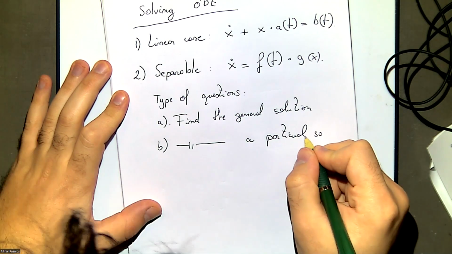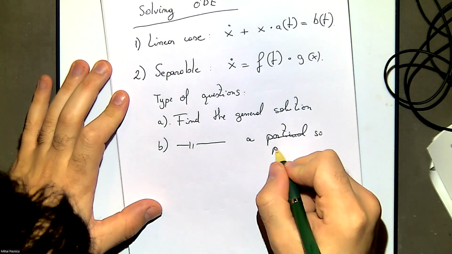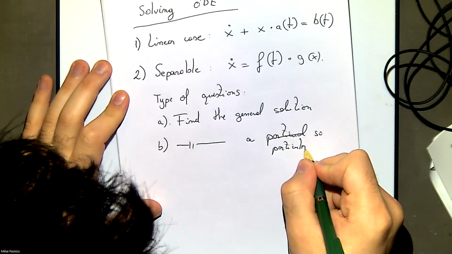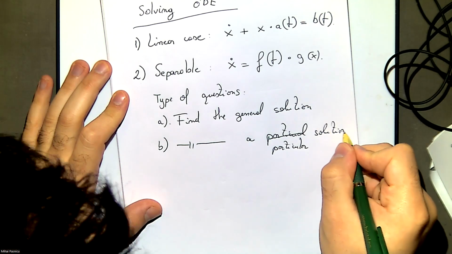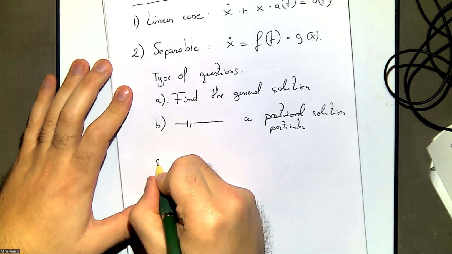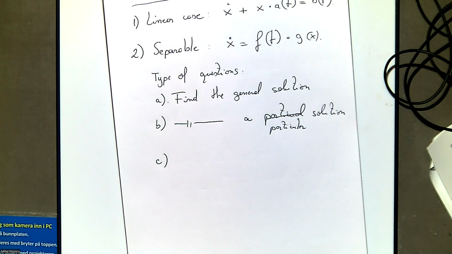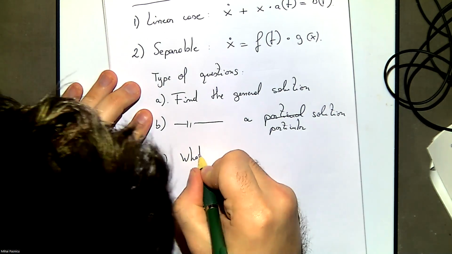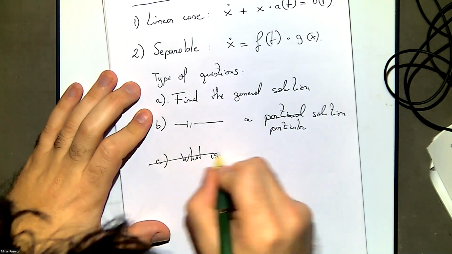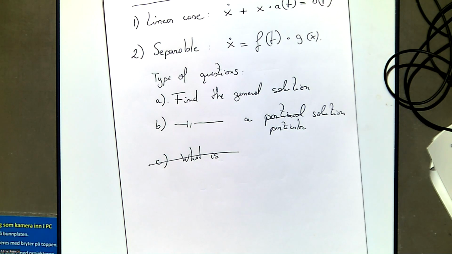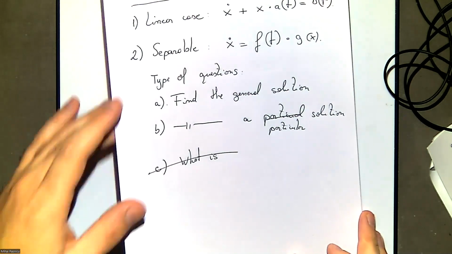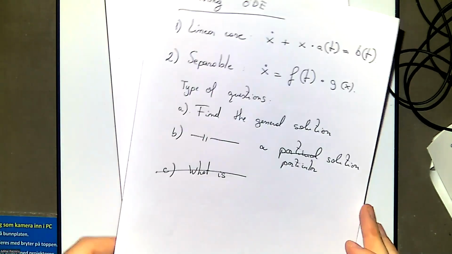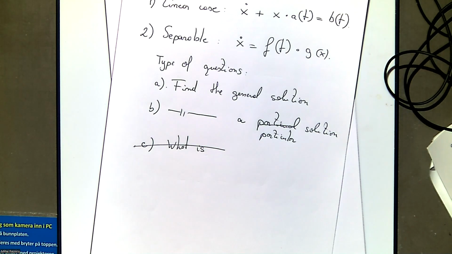And the last one is what is a constant solution, which we'll get at some point. But let's drop C for now, since we're not there. So this is basically all of ODEs. The way to solve them is very, very fast if you know integrals.